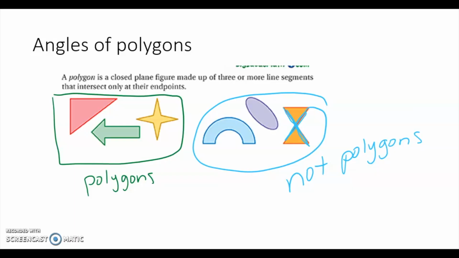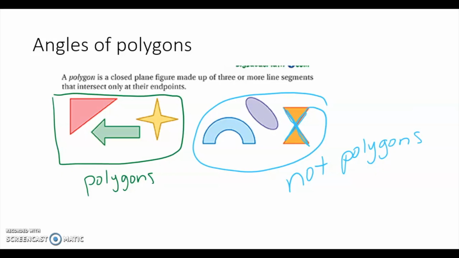So what we're going to do is look at polygons and find the sum of their interior angles. When we are looking at regular polygons, we're going to use a formula to find the sum of their angles.